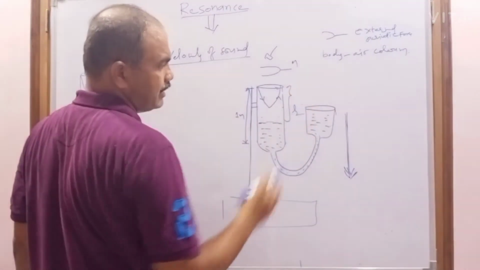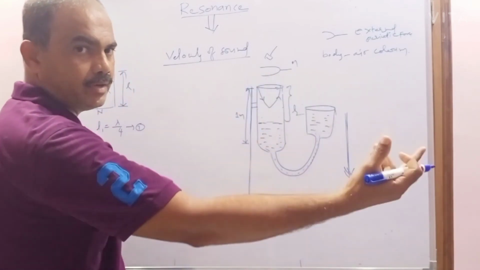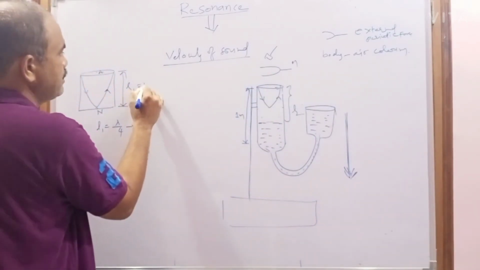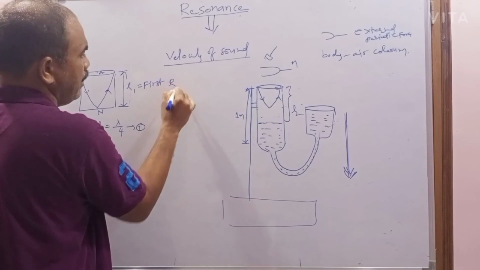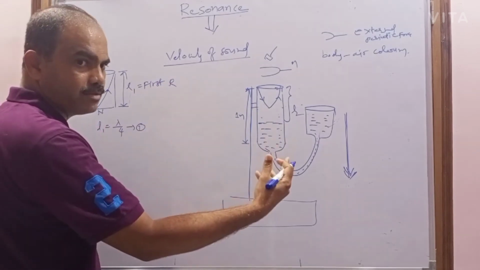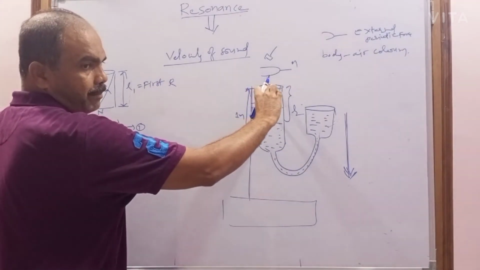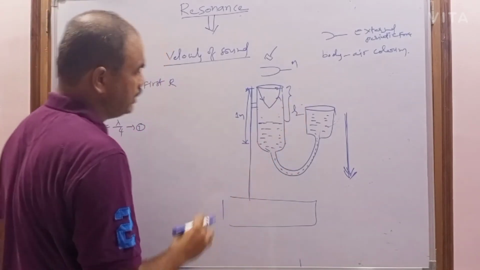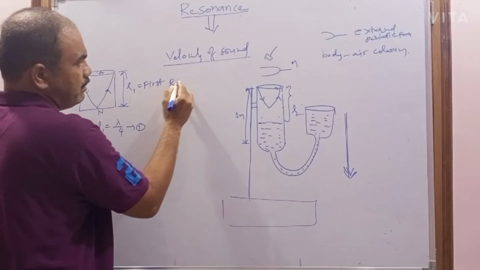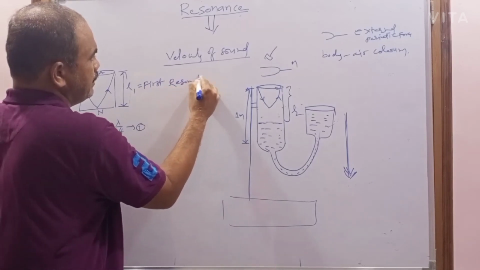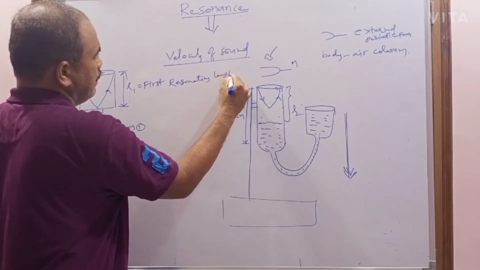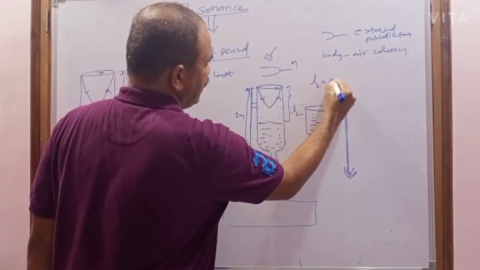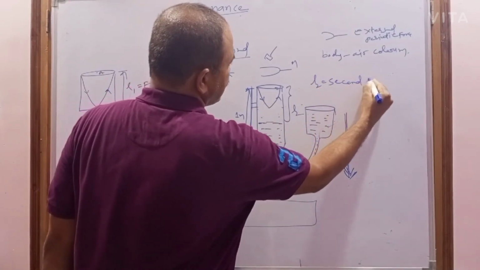That's why L2 is known as the second resonating length, and L1 is known as the first resonating length. The resonance happened the second time also: the first time at length L1, and the second time at L2.